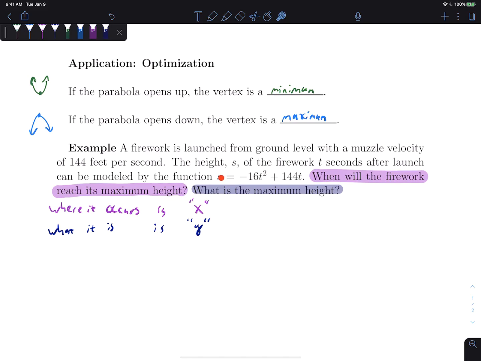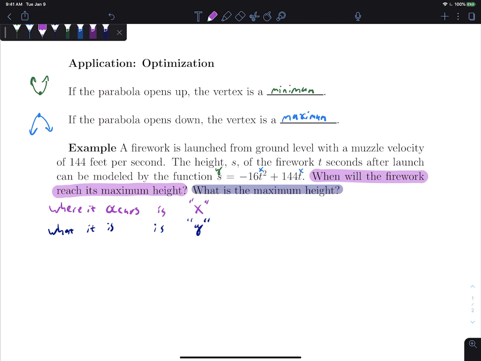In this particular situation, the s is taking the place of the y value, and the t is taking the place of the x value. So just keep that in mind. So, with this understanding, if we want to know when will the firework reach its maximum height, I want to know what is the independent value of the vertex. And so maximum there is really what's telling you vertex.